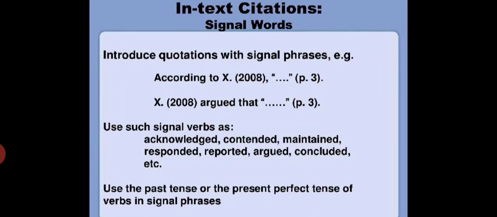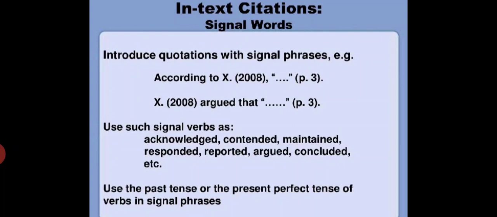Likewise, you can first give the author name, after that the year of publication, and then you can argue that, then you can quote what he said, and then the page number would be written.